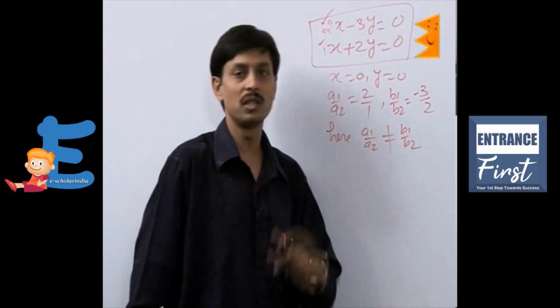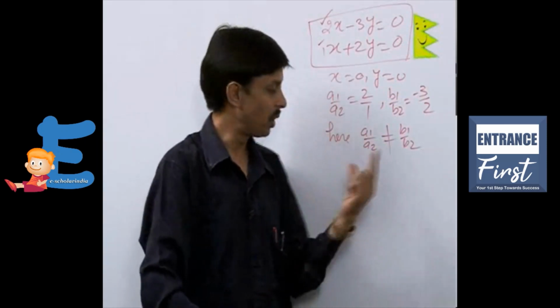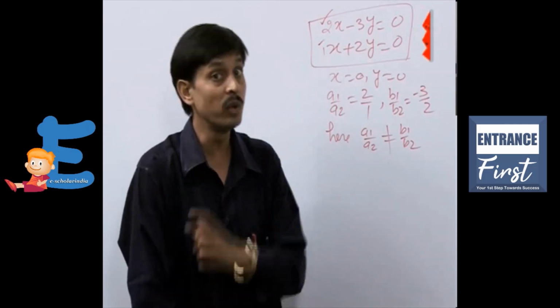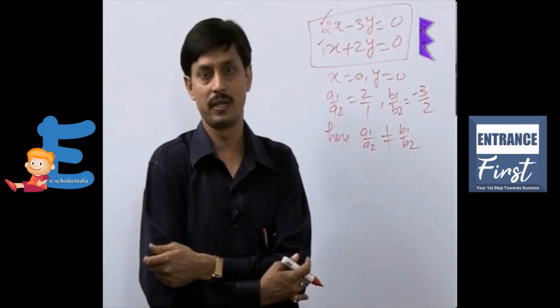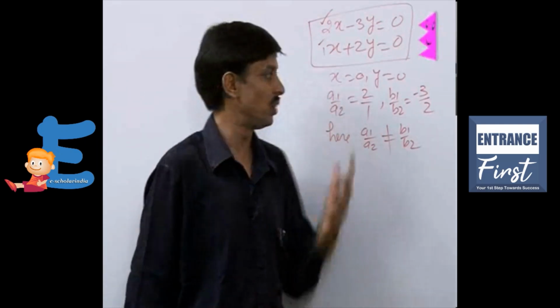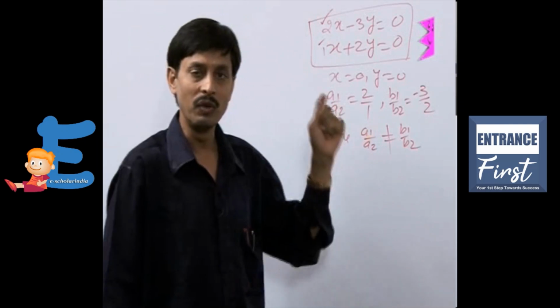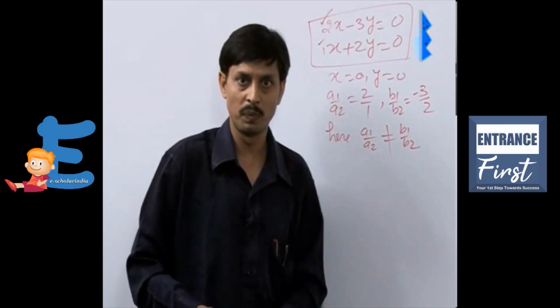So what conclusion is coming? This will not have any other solution because it is satisfying the condition of unique solution. But my question is still incomplete. I would like to generate a situation where we will find that a set of solutions other than 0, 0 is also possible.